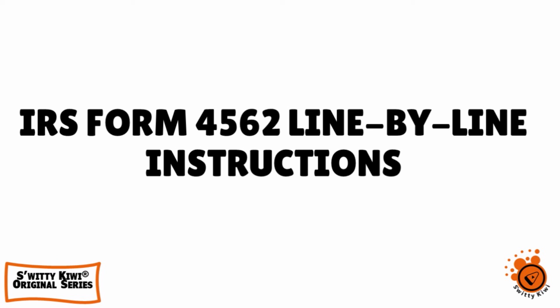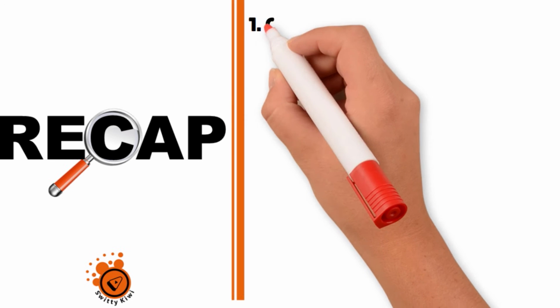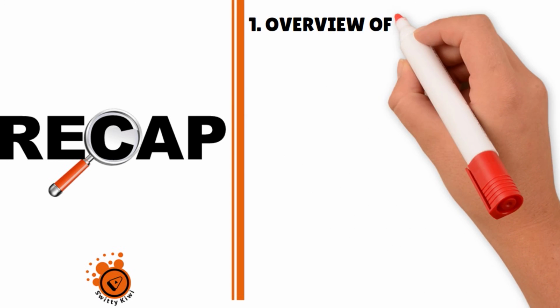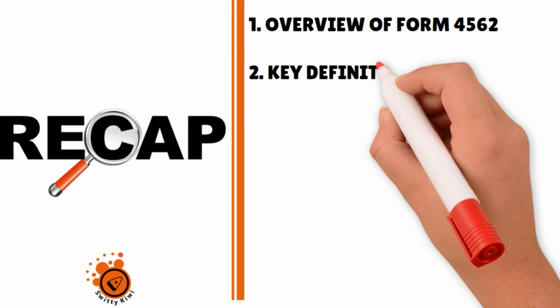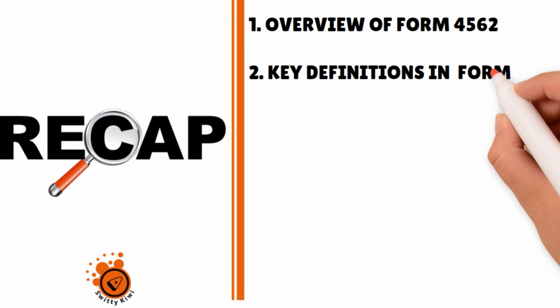All right, folks. This was it for today's conversation. This was IRS Form 4562, line-by-line instructions. Just to quickly recap, I gave you an overview of Form 4562, the important worksheets to have and concepts to understand before filing, the key definitions related to Form 4562.